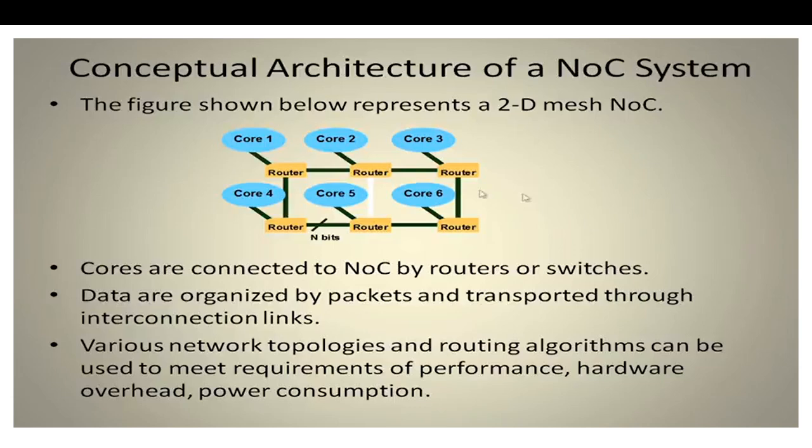So for the conceptual architecture of the SoC, in the diagram we have considered a mesh architecture. Mesh is popular because of its regular design. Say we have a 4 cross 4 mesh.